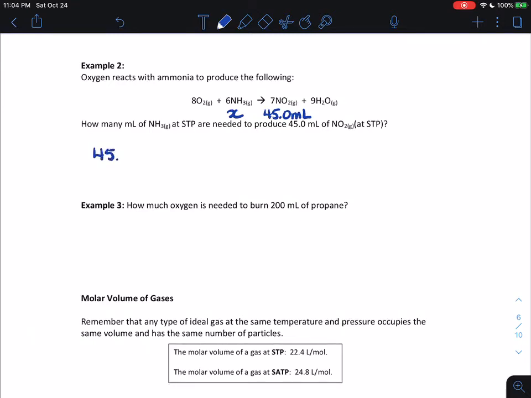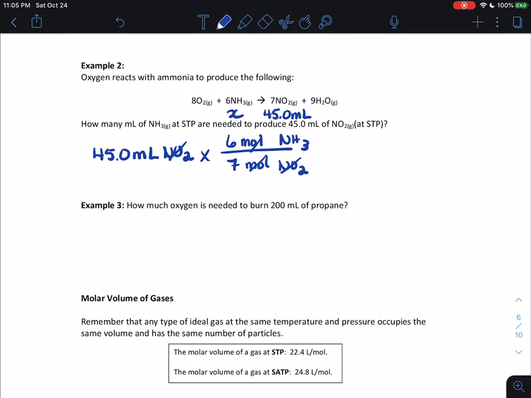So I'm going to start with the number that I've been given and the substance that it is. I'm going to use a ratio, and I want NO2 at the bottom here. I want what I'm looking for at the top. Now I'm going to use my coefficients, which are technically moles, and write them in.